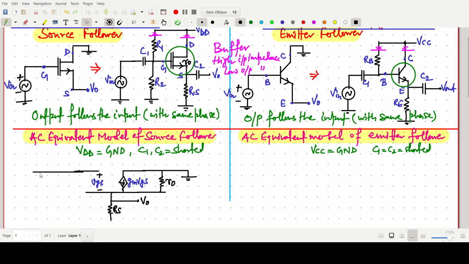So both R1 R2 will be in parallel. This one is simply our Vin, this one is V output, R output, and this one is our RS, and this should be grounded.